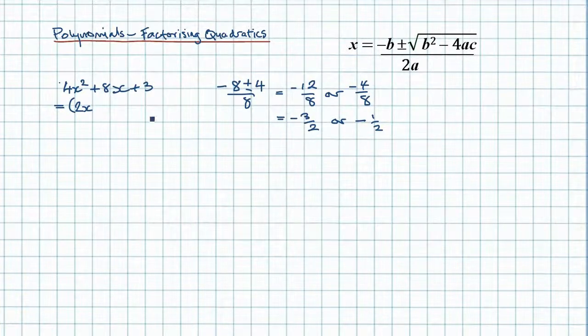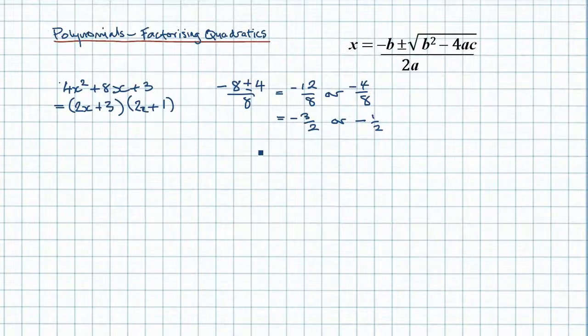We reverse the sign, we say it's plus 3, and here we've got 2x again, plus 1. 2x plus 3 times 2x plus 1. Multiply them out, 4x squared. So 2x times 2x gives us our 4x squared. And we've got 2x plus 6x gives us 8x. And then finally we've got 3 times 1 gives us 3.